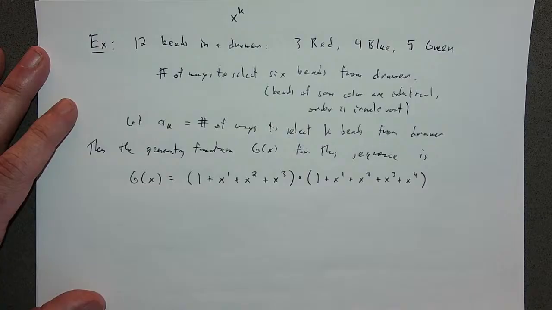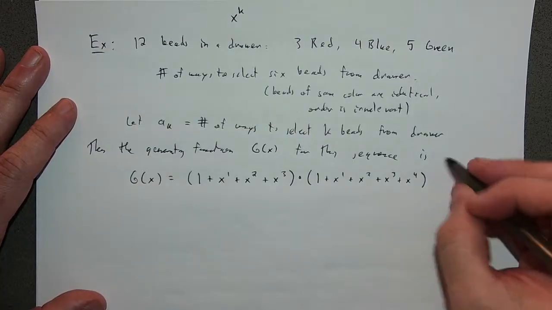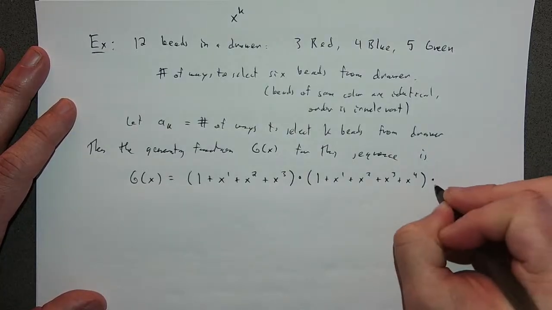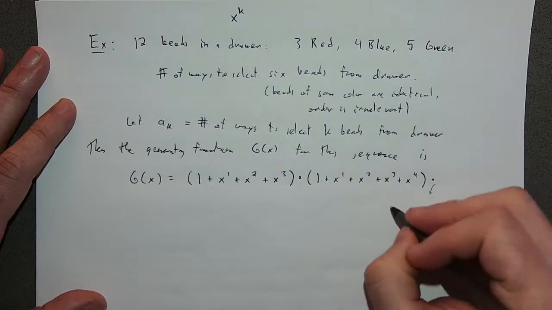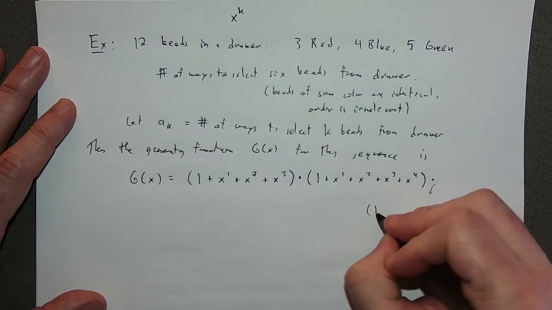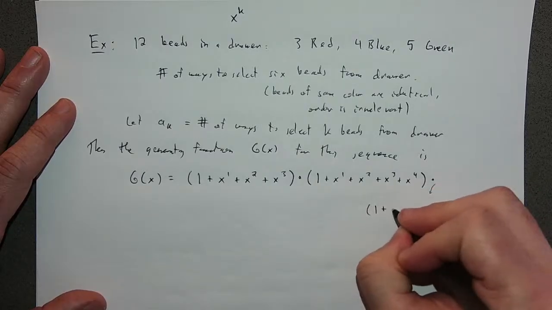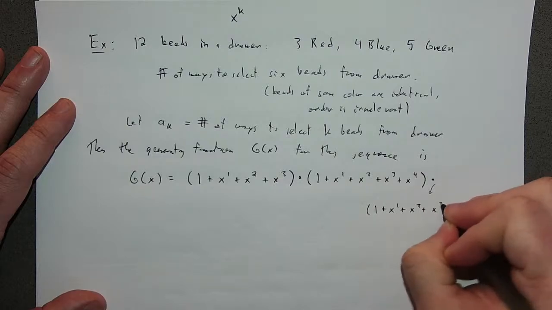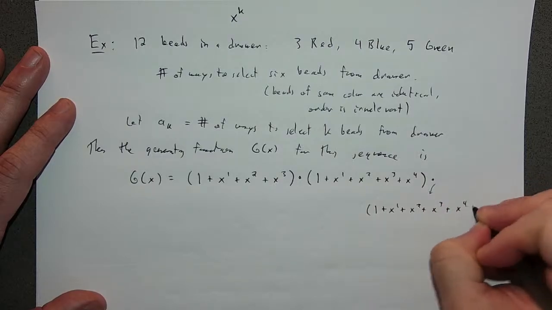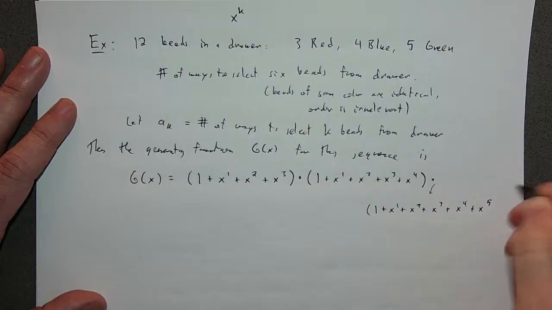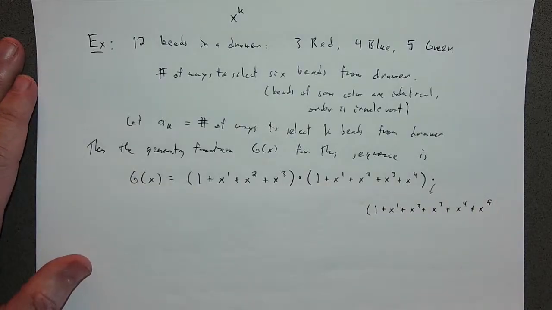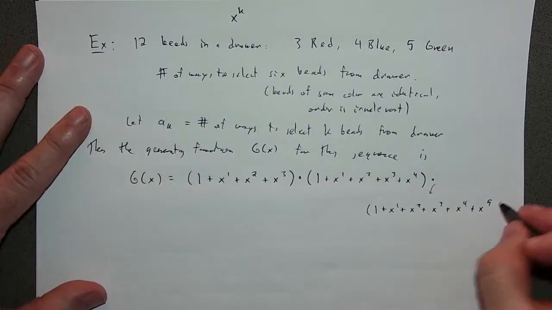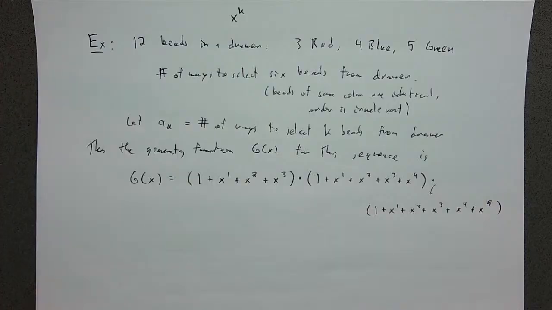Then I have green beads to select. This is next in the sequence. I'm going to write this as multiplication, but then I'm going to actually write it down here so that I have more room. So this is 1 plus x plus x squared plus x cubed plus x to the fourth plus x to the fifth. And that is my last thing.